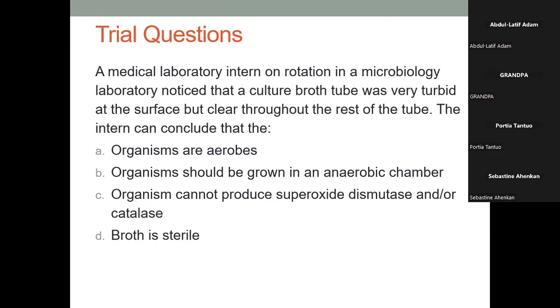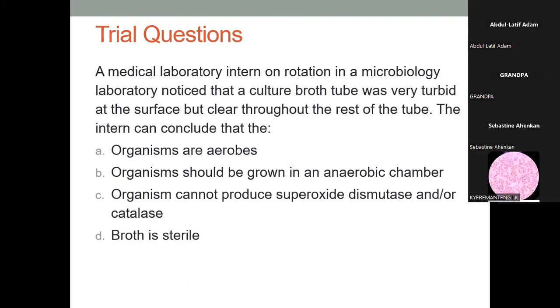So the culture broth tube was very turbid at the surface, but clear throughout the rest of the tube. The intern can conclude that: A, organisms are aerobes. B, organisms should be grown in an anaerobic chamber. C, organisms cannot produce superoxide dismutase and or catalase. D, broth is sterile. Which is the answer?